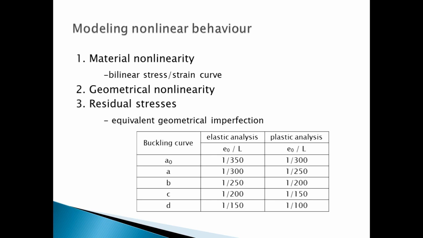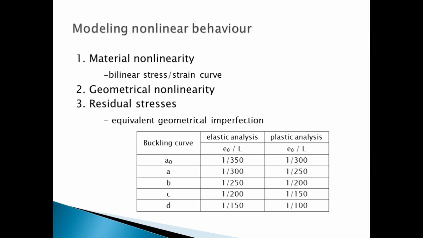Material nonlinearity we will include by using a bilinear stress strain curve, as I showed before. Residual stresses are a bit more complicated to include, so I'll be using a simplified method, which is quite accurate.